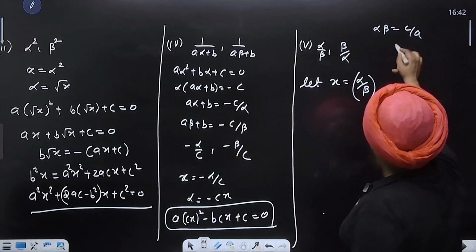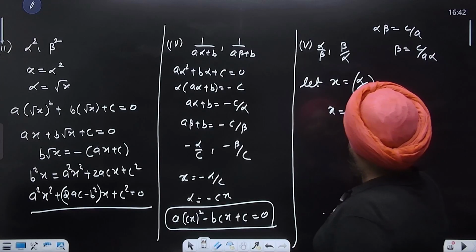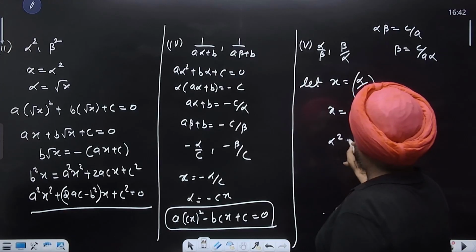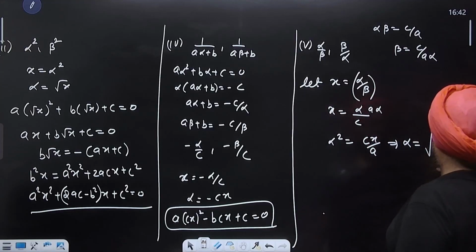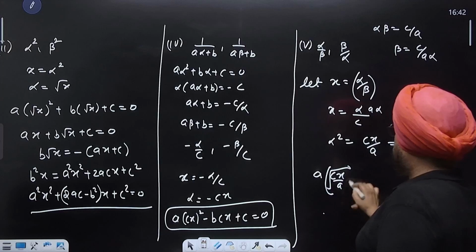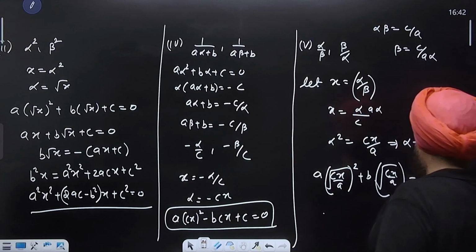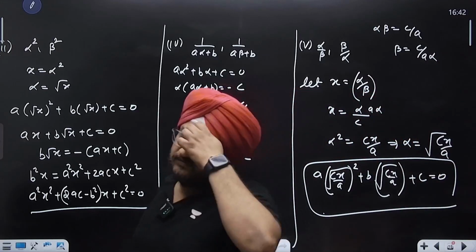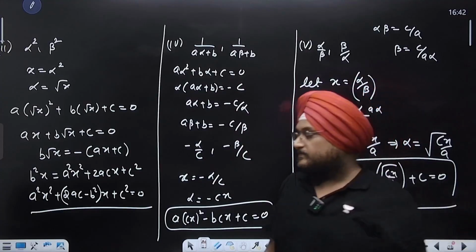Alpha beta is c by a, so beta is c by a alpha, so alpha square is equal to cx by a. Now substitute root cx by a in place of x. Simplify this and you will get the equation whose roots are alpha by beta and beta by alpha.